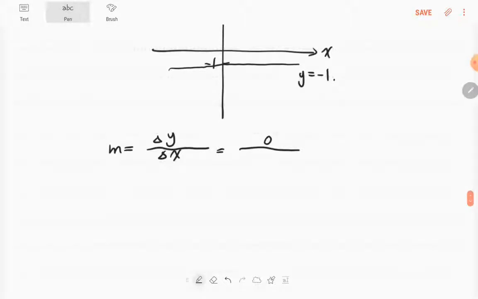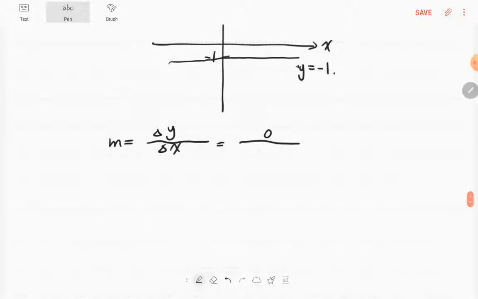No matter any point in this straight line, y value is always -1. So there is 0 for change in y, and we will always get the m value equals 0. So for any horizontal line, the slope is always equal to 0.